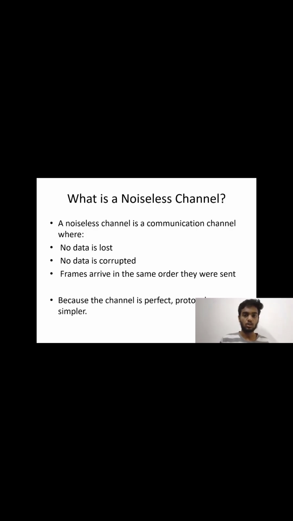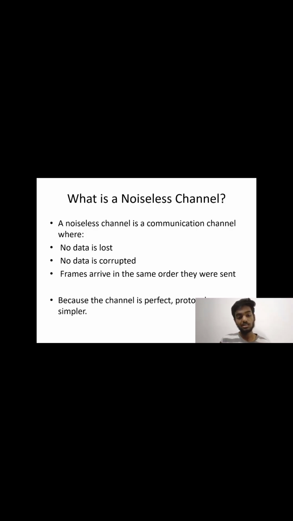Why are we covering noiseless channel? A noiseless channel is easier to handle. A noiseless channel is a communication channel where no data is lost, no data is corrupted, and frames arrive in the same order in which they were sent. Basically, it is a channel that is completely perfect.